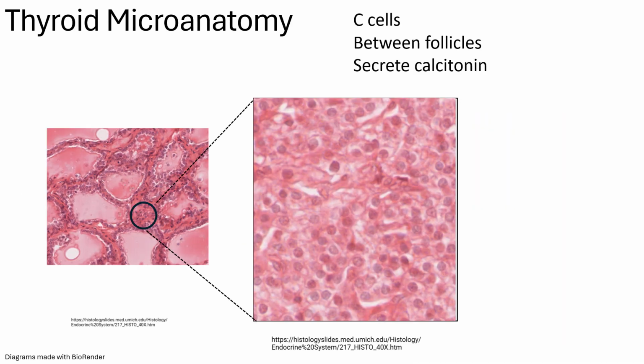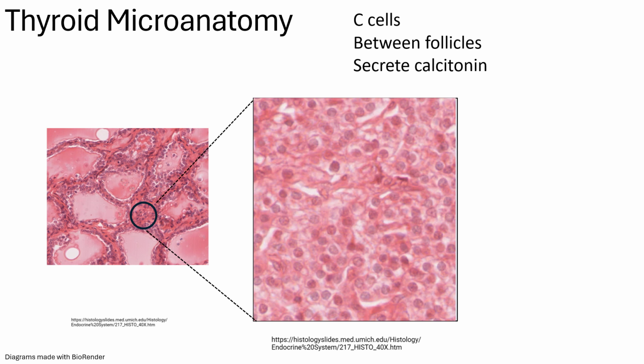Recall from another mini lecture, or stop this and go watch the other mini lecture, that the thyroid consists of all of these big follicles that you see in this picture on the left. A follicle is those big open pink areas called colloid, and they're all surrounded by cuboidal follicular cells that all touch the colloid.